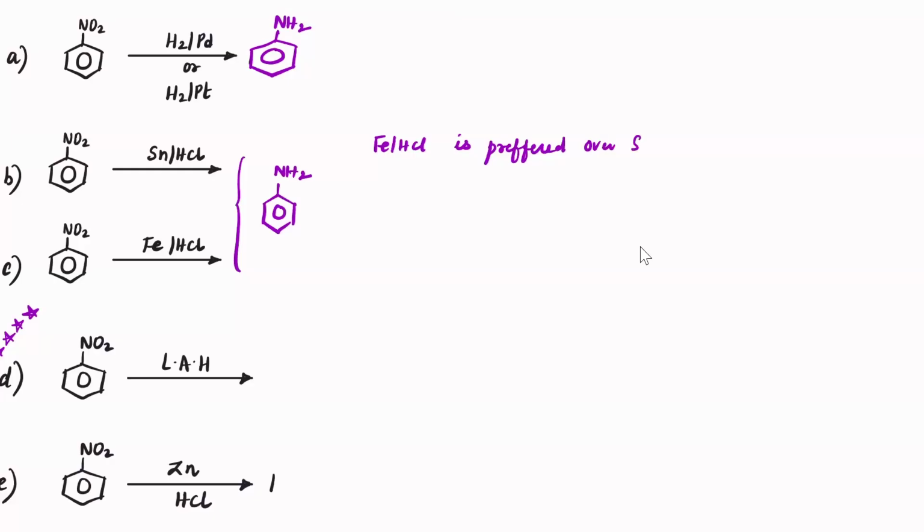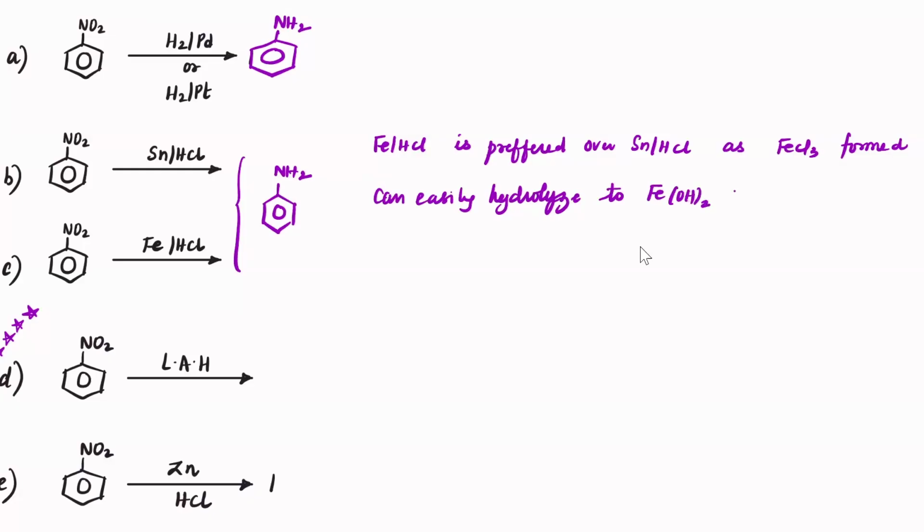What you need to know is that iron in HCl is preferred over tin in HCl, as the FeCl3 formed can easily hydrolyze to Fe(OH)2 plus HCl.